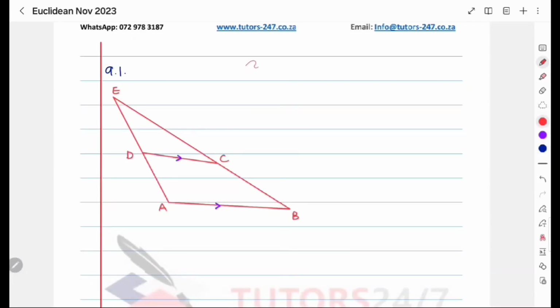So it is known that AD over DE is equal to 4 over 3. It is also known that EB is equal to 21.